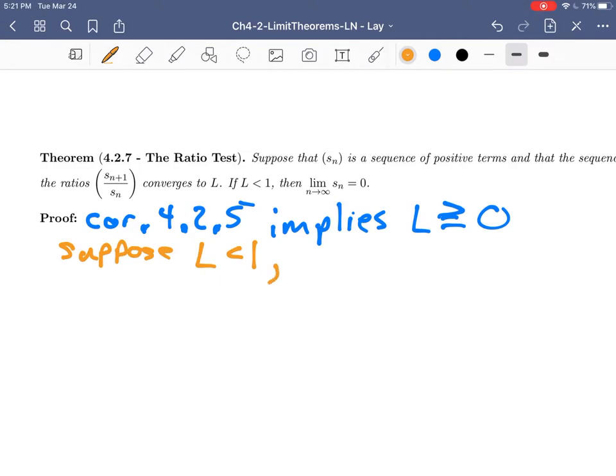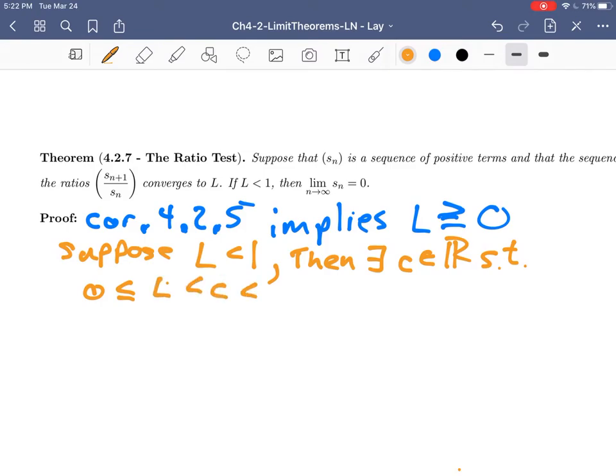Then there exists C in the real numbers such that 0 is less than or equal to L, which is less than C, which is less than 1. So there's a real number between L and 1.